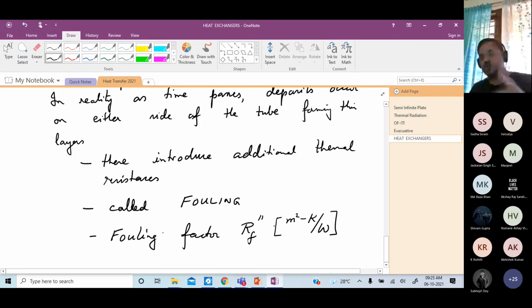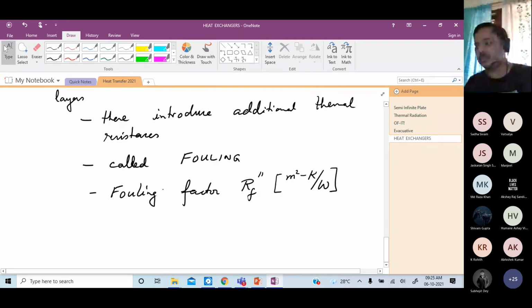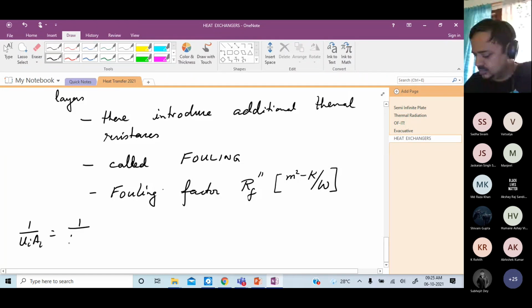Exactly 1 over heat transfer coefficient. So therefore, this also equals 1 over U_o A_o. Let me write it properly.